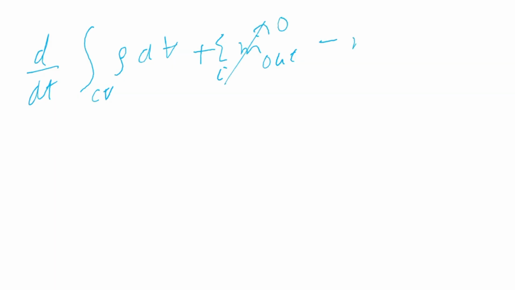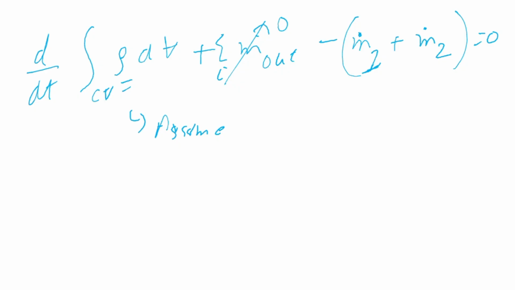There are two inlets, so let me just write it in: m dot 1 and m dot 2, the sum of the two inlets, is equal to 0, right? So since density is not changing here, you can assume it to be incompressible because it's water and it's not moving at high velocities.